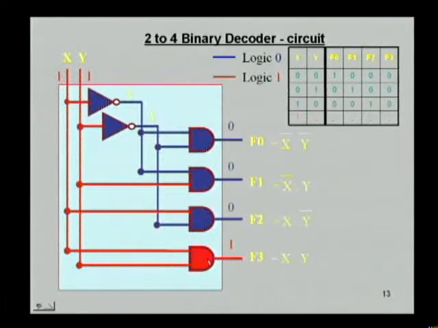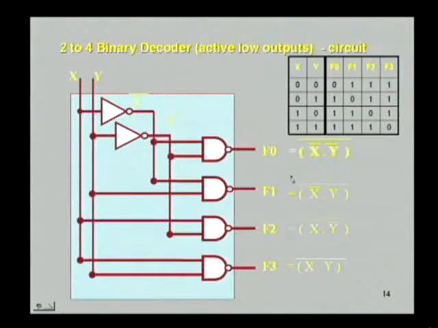If we use NAND gates, the active output will be low and inactive outputs will remain at high, as we see in the next diagram. So this is the 2 to 4 binary decoder active low output circuit. Here you can see instead of AND gates we use NAND gates, hence the outputs are inverted. If you see the truth table, at a given time one output will be 0 and the other outputs will remain high.